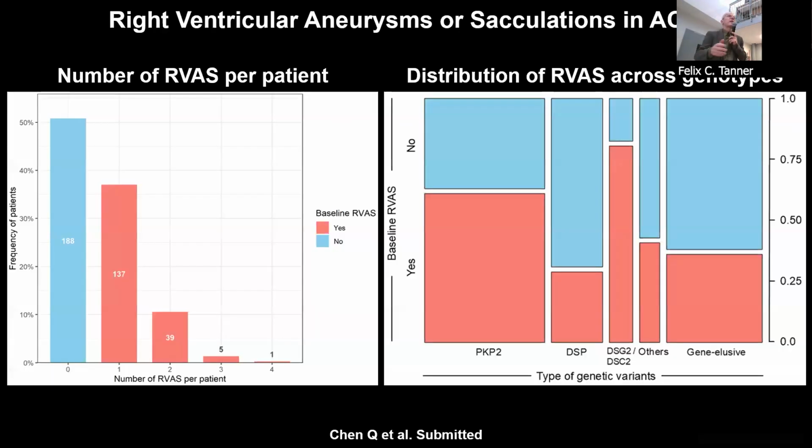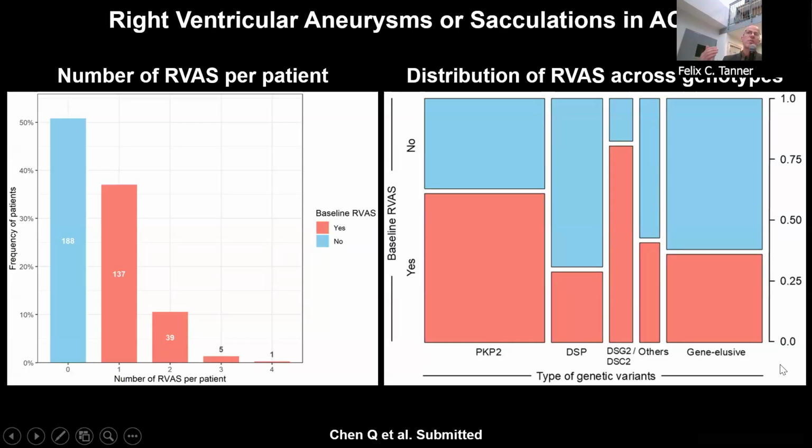But whether it has a prognostic association is not known, and the distribution is not known, and many other things as well. So we also looked into that. And here you see that about half of our 370 patients had these sacculations, and the other half did not. When you looked at the genotype, this is particularly prominent in PKP2 patients, and it's a bit less in the other patients.